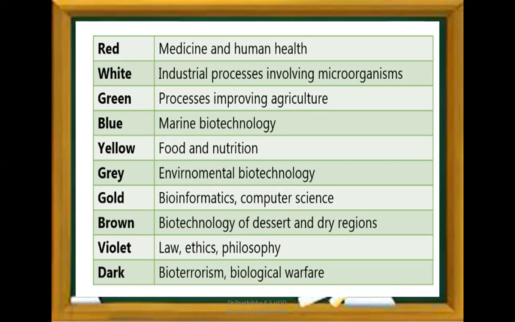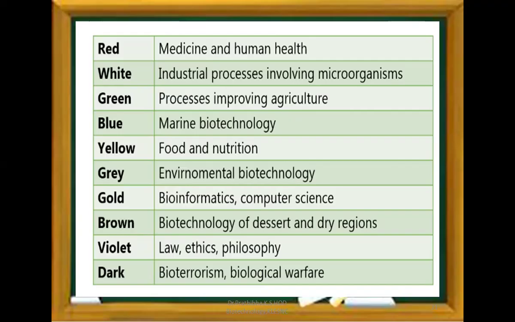So these are some of the branches of biotechnology. Red biotechnology is medical biotechnology, green biotechnology is agricultural biotechnology, white biotechnology is industrial biotechnology, blue biotechnology is marine biotechnology, yellow is food biotechnology, gray is environmental biotechnology, and gold is bioinformatics.